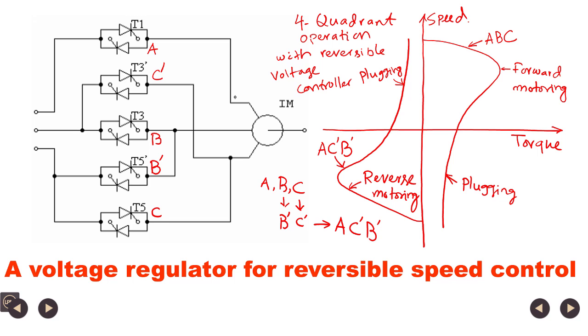Four quadrant operation is obtained with a reversible voltage controller. Next we will discuss a closed loop speed control method.